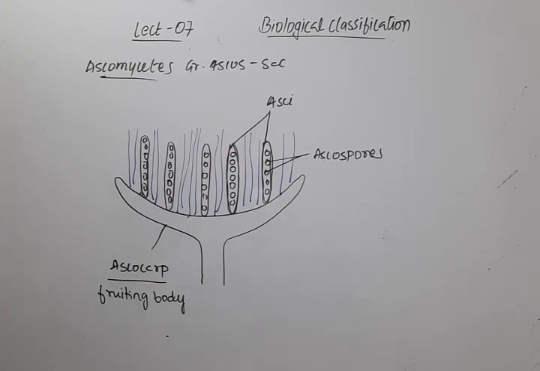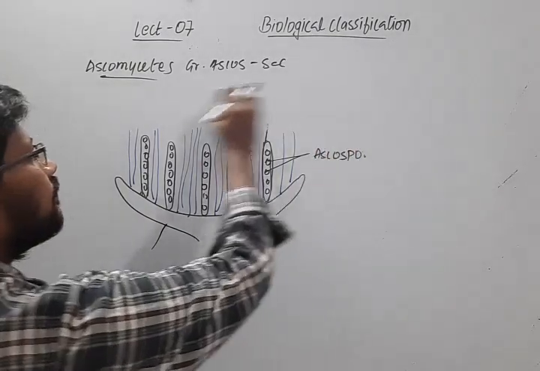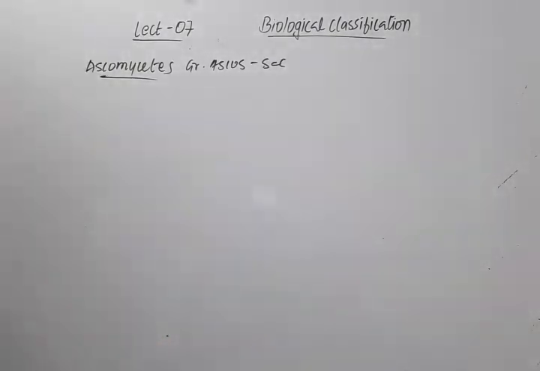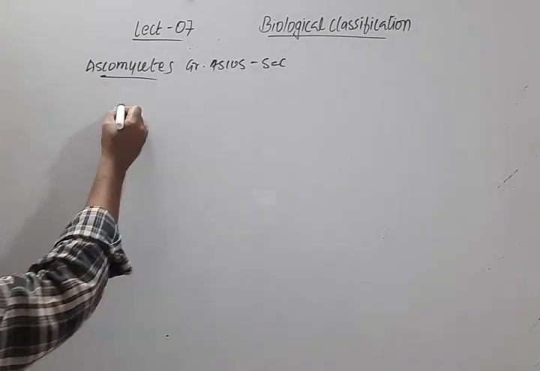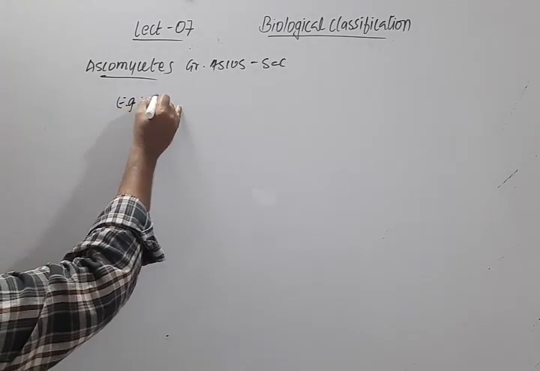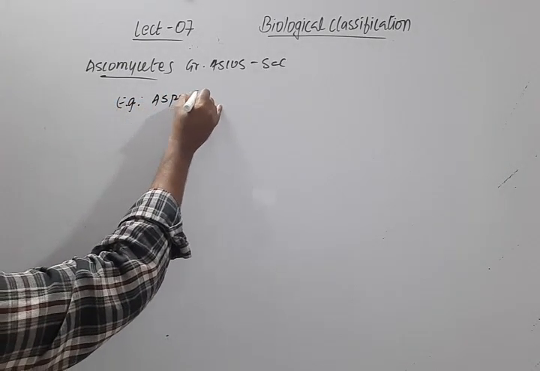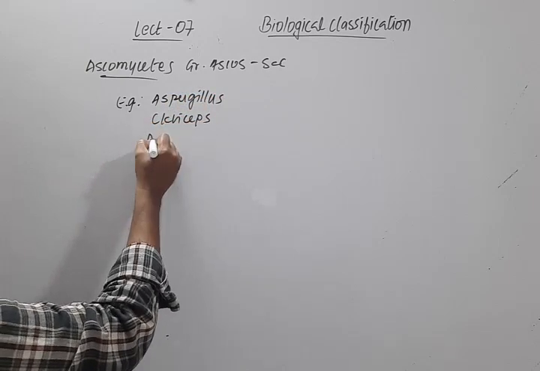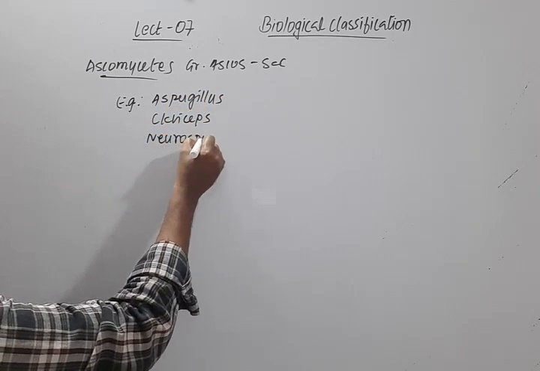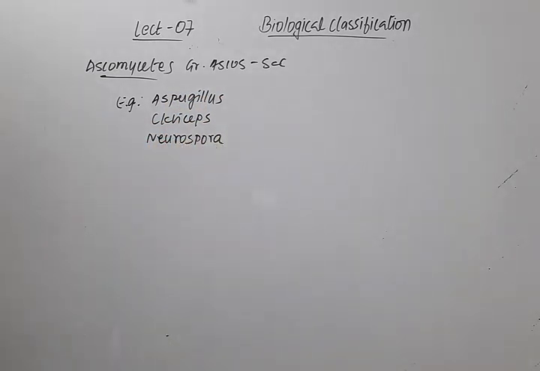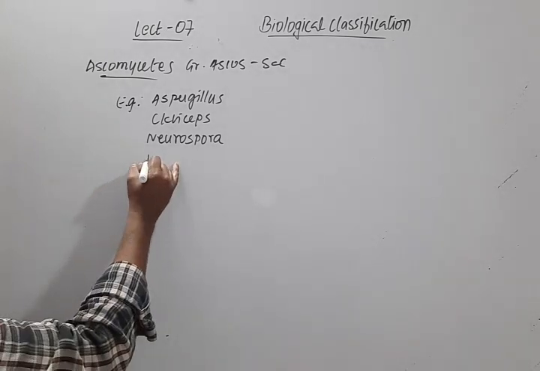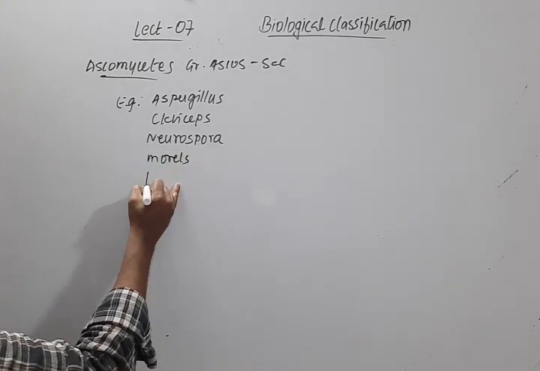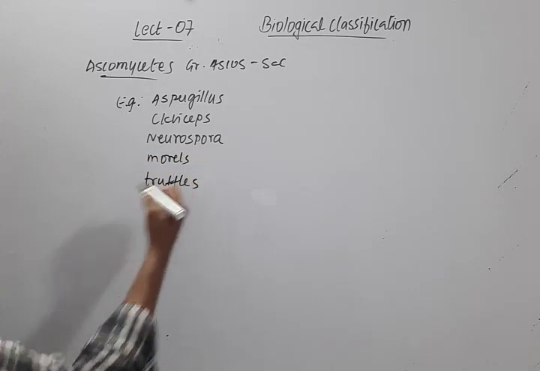Now some examples of this group. Examples include Aspergillus, Claviceps, Neurospora, and even morels and truffles.